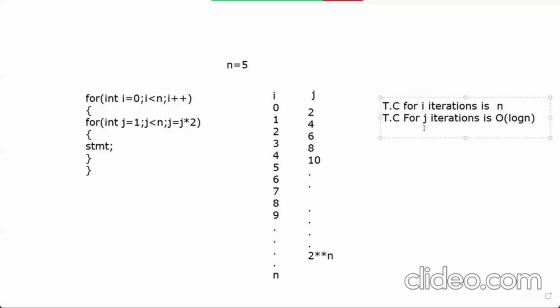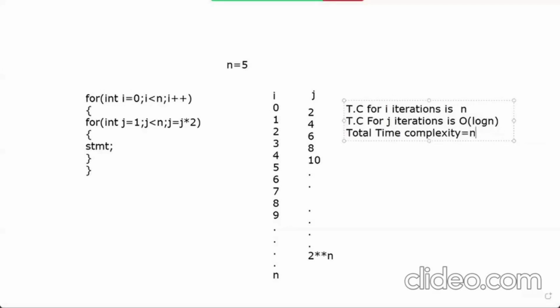So the total time complexity is n into big O of log n, so we call it big O of n log n. Here it is taking n times, and here it is taking log n times.